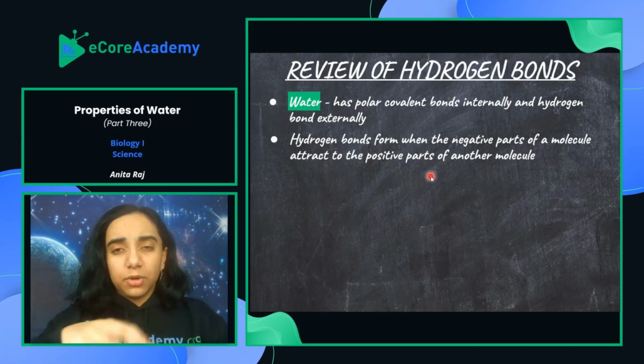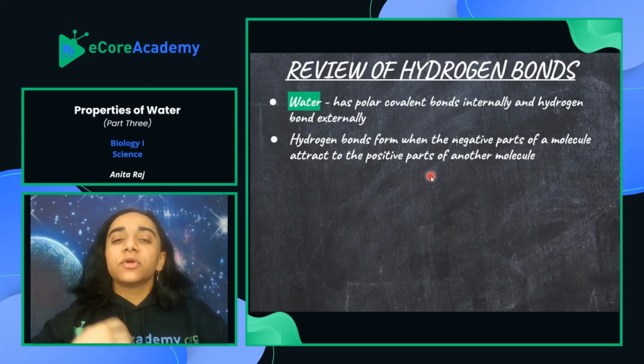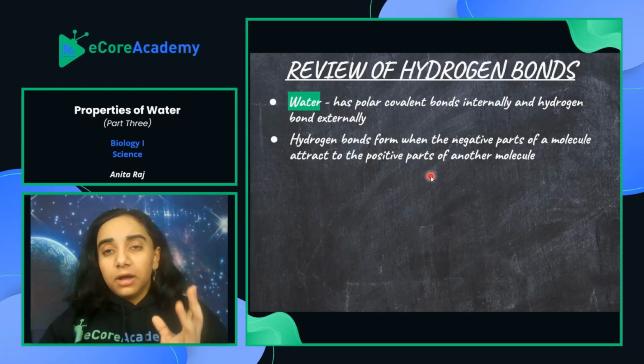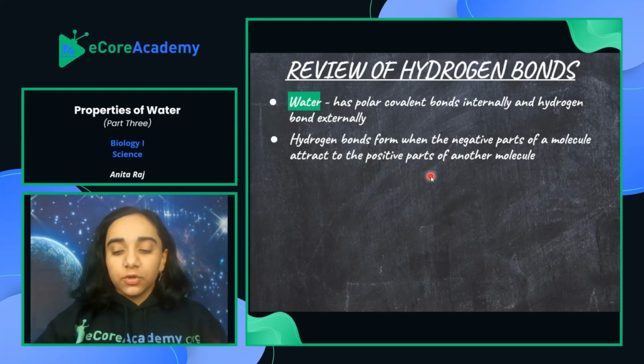So that part of the entire water molecule where the hydrogens are, that's the partially positive part of the molecule, and that's what makes it polar. Polar means both ends of the molecule have different charges. But that's also what helps with hydrogen bonding between different water molecules. Because one water molecule has a negatively charged oxygen and then 2 positively charged hydrogens, this water molecule is going to have a hydrogen bond with another water molecule.